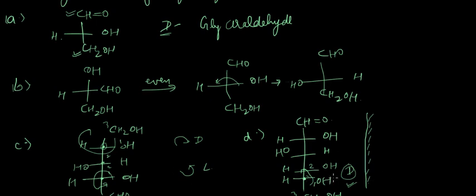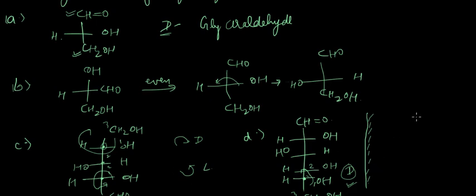One more thing: for calculating the D or L configuration, you should always select the carbon atom which is as distant from the CHO group, or as close to the alcohol group.